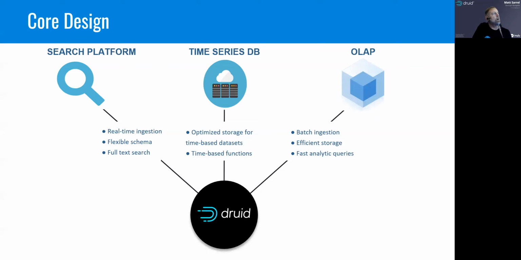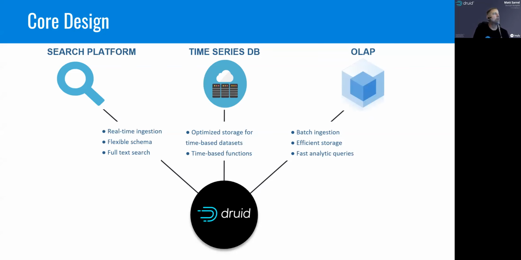Did they want to go the route of a search platform or a time series DB or your standard sort of pre-built OLAP cube? But none of those were really going to cut it. And in a way, they pulled parts from each of these to build what's called Druid now.